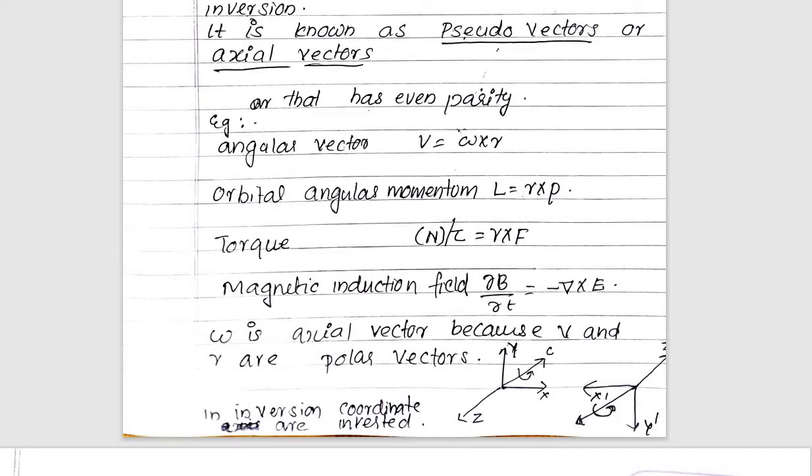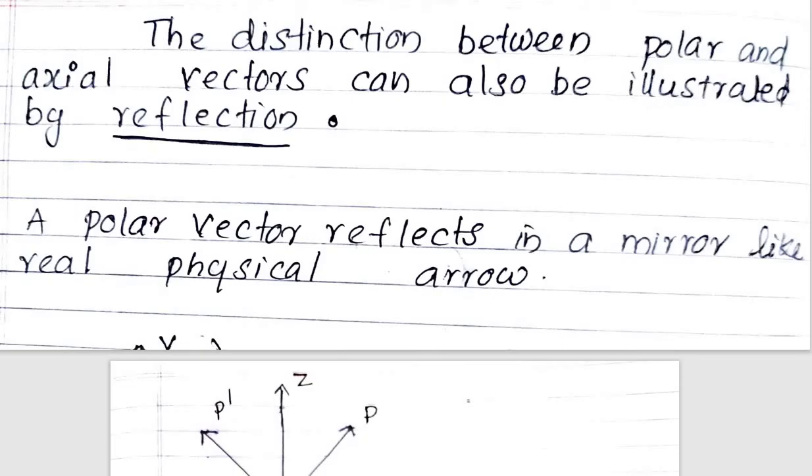We already discussed inversion, and now we are going to define them in terms of reflection. The distinction between polar vectors and axial vectors can also be illustrated by reflection. A polar vector reflects in a mirror like a real physical arrow.